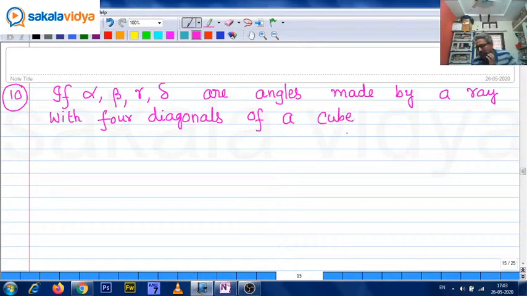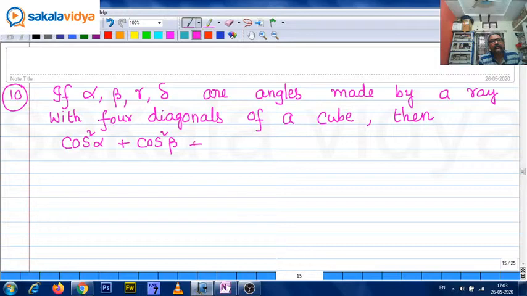because the cube has four diagonals, then cos square alpha plus cos square beta plus cos square gamma plus cos square delta equals how much?